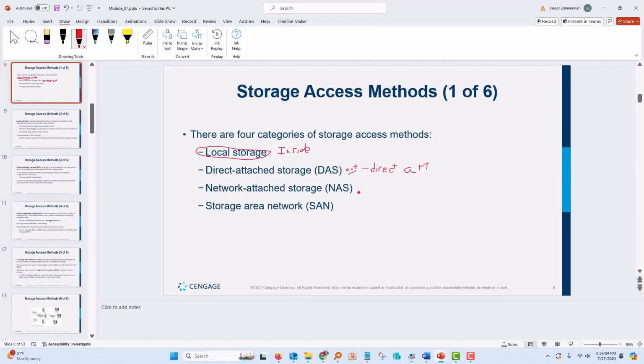This is one, a set of drives most typically, that is outside of your computer, but it is not attached to your computer. It's attached to your network. So for example, let's make this even simpler. Let's say that this is a Windows 11 machine, and I've got another Windows 11 machine over here.